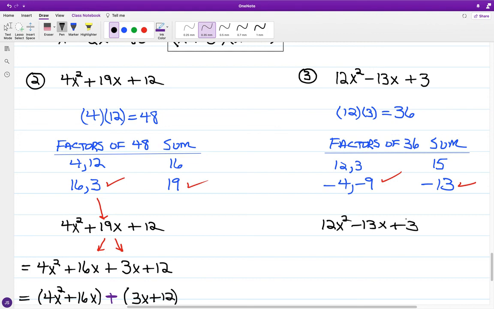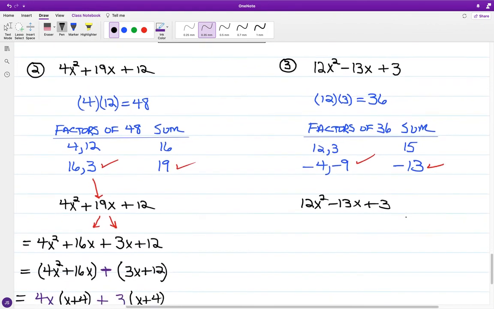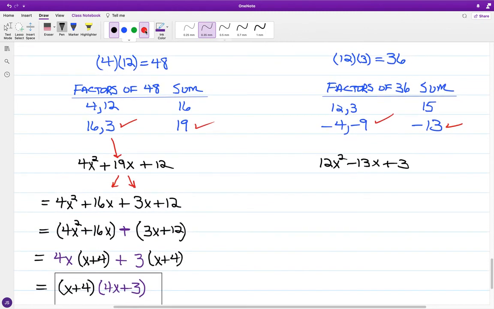Okay, and so just looking at splitting up the middle term. We're going to have 12x squared minus 4x minus 9x plus 3.